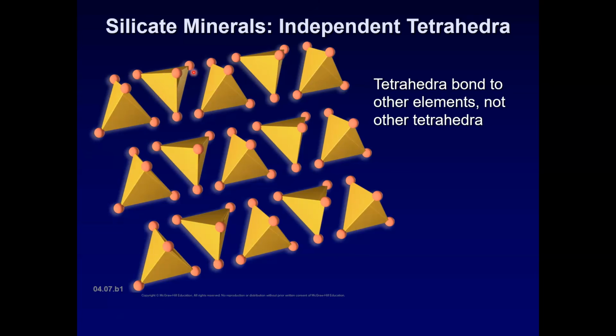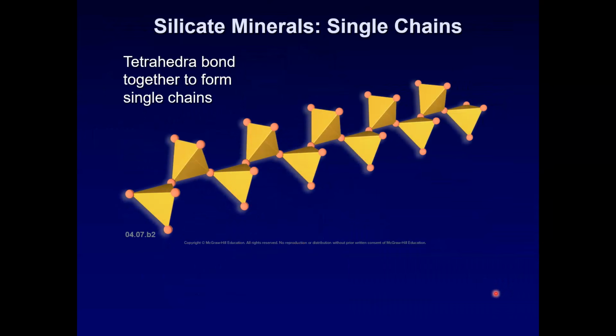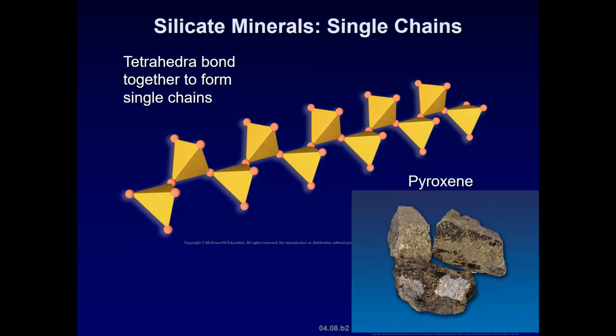Independent tetrahedra do not break along clearly defined planes. Looking at olivine as an example of a silicate mineral. So we can have single chains where the silicon tetrahedra bond together to form these chains, as in pyroxene.